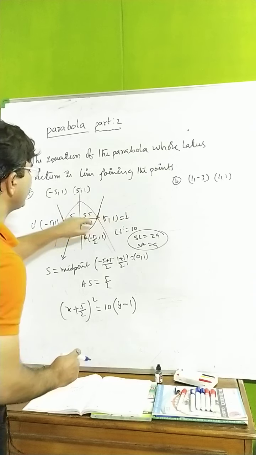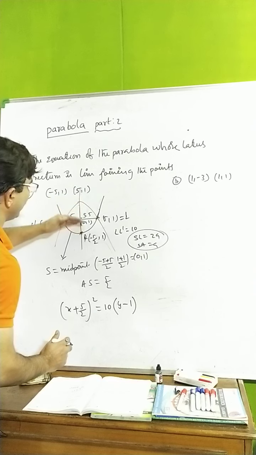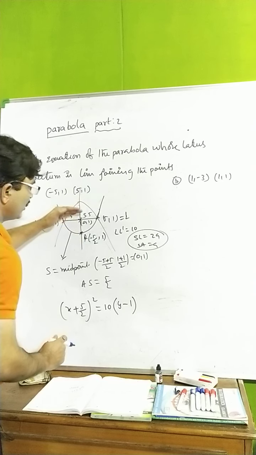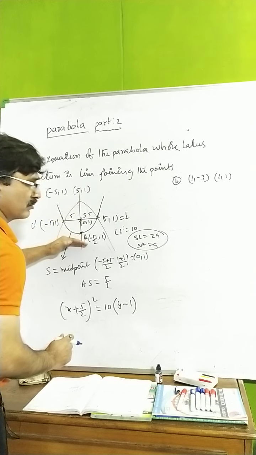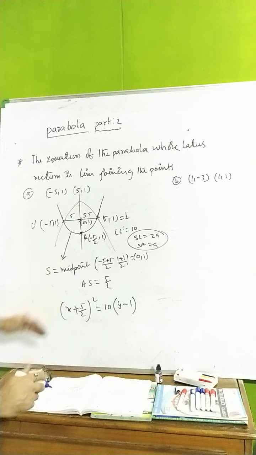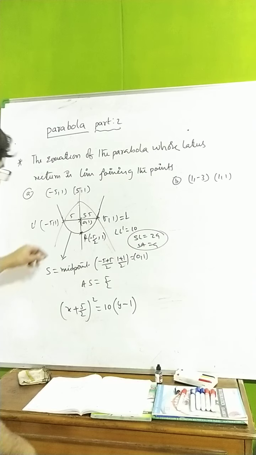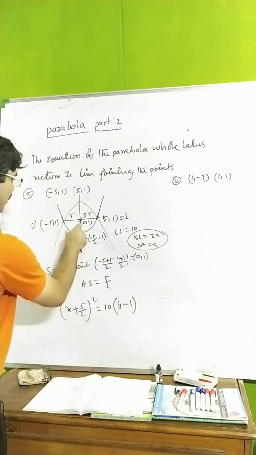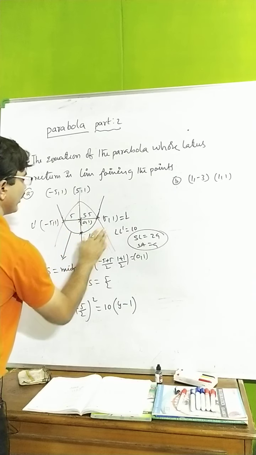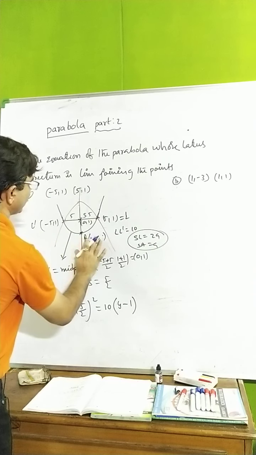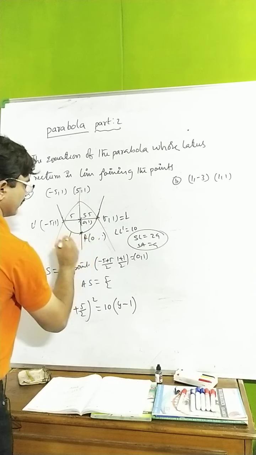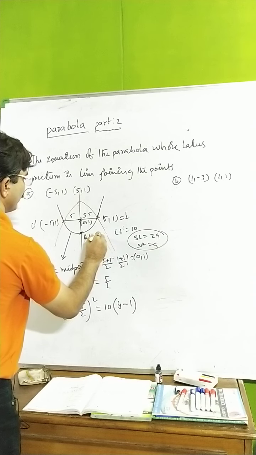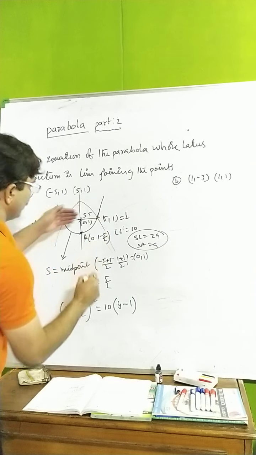See, this is y equals 1. I think I committed a mistake. You have to come down 5 by 2 units, please remember. Coming down means the y coordinate, not the x coordinate. The x coordinate is the same; only the y coordinate we have to change. 1 minus 5 by 2 you have to write.